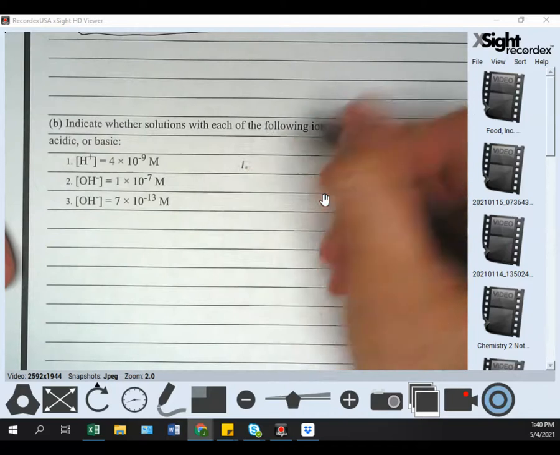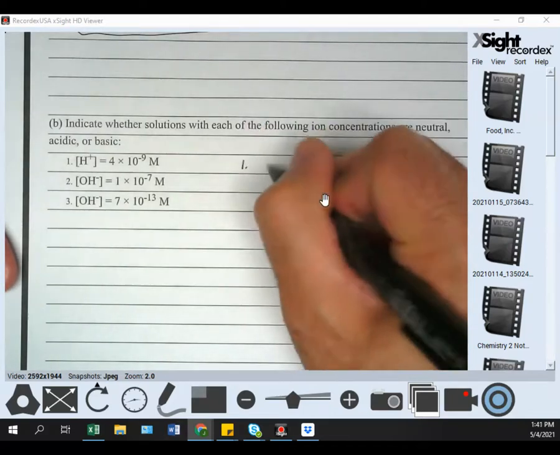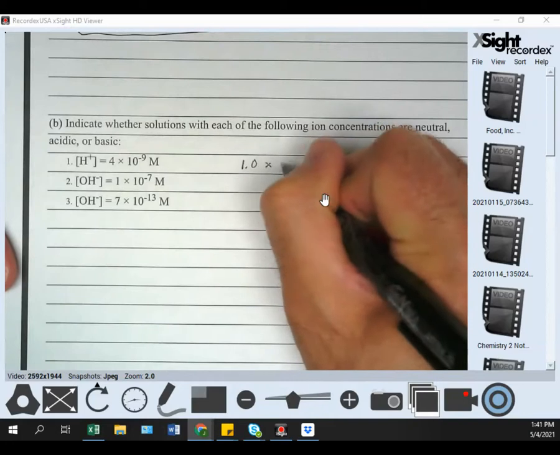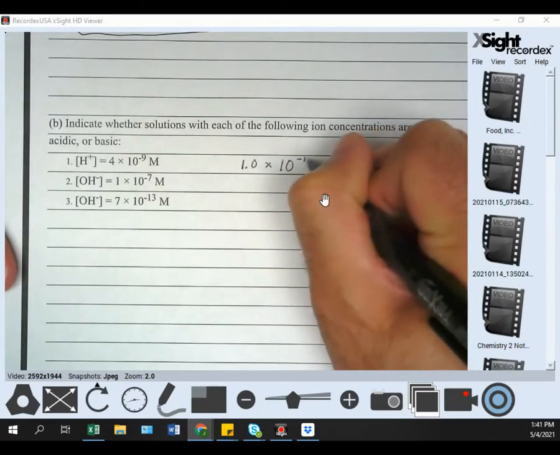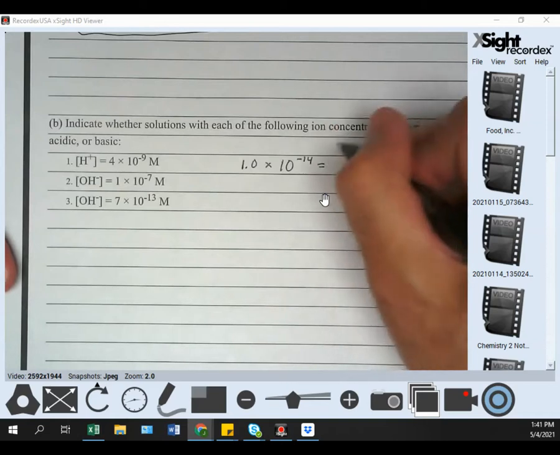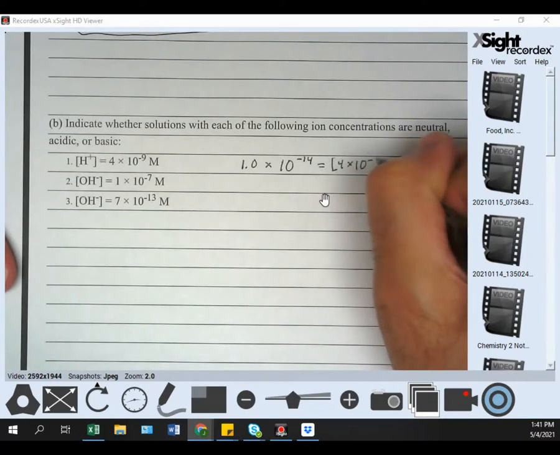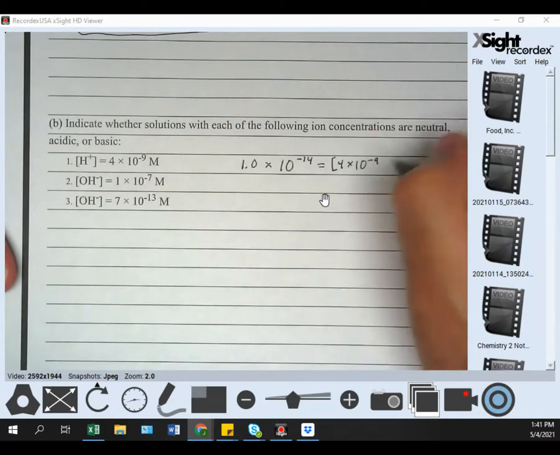So for number 1, we've got 1.0 times 10 to the negative 14th equals, and this is the hydrogen, 4 times 10 to the negative ninth, times the hydroxide.